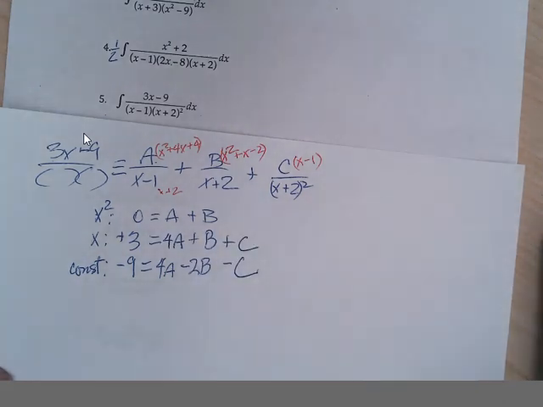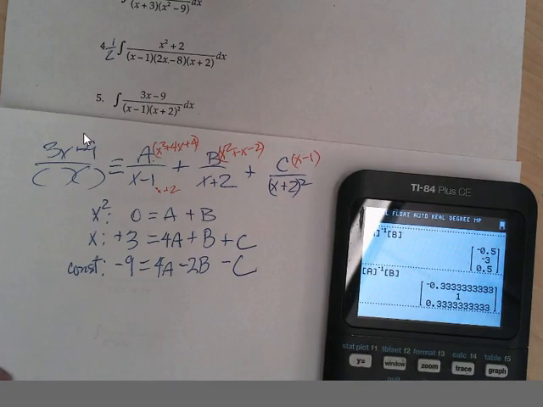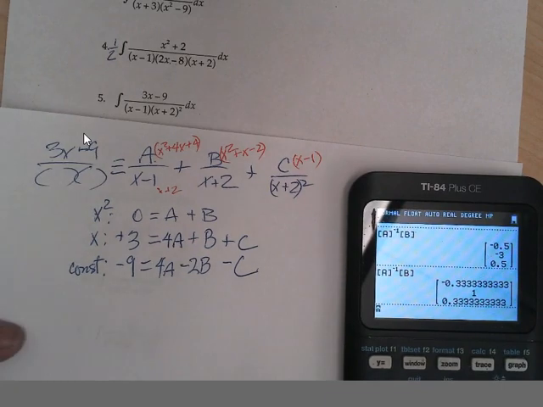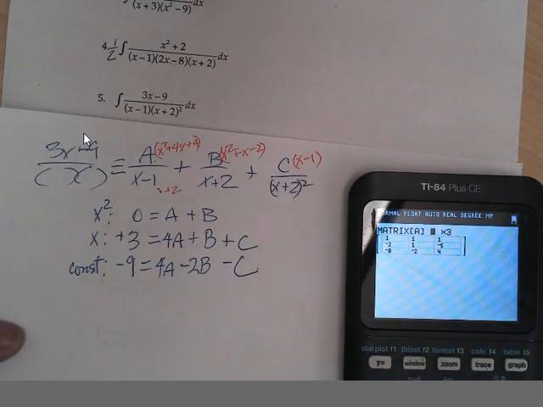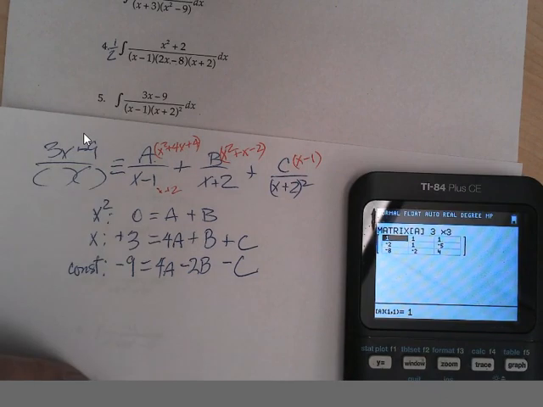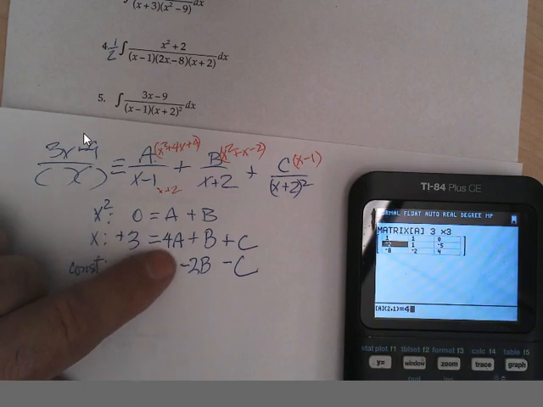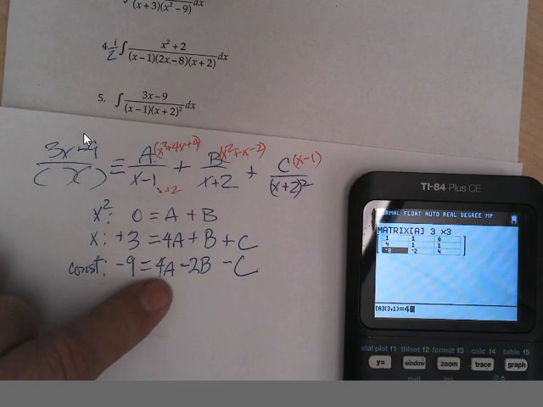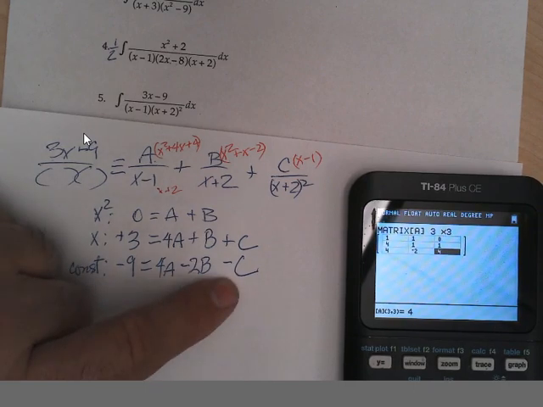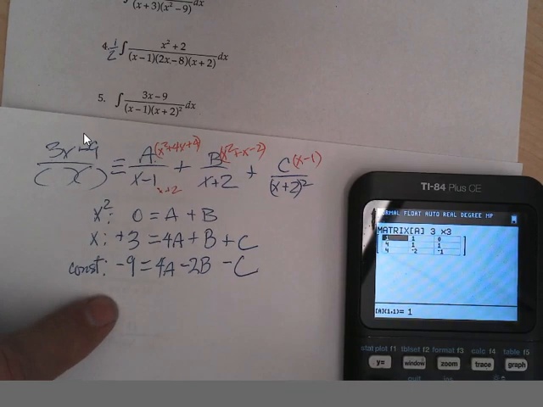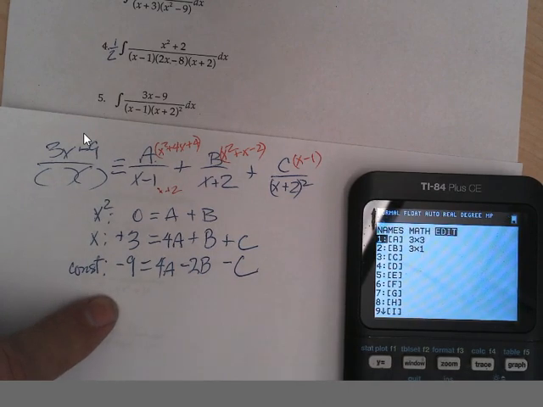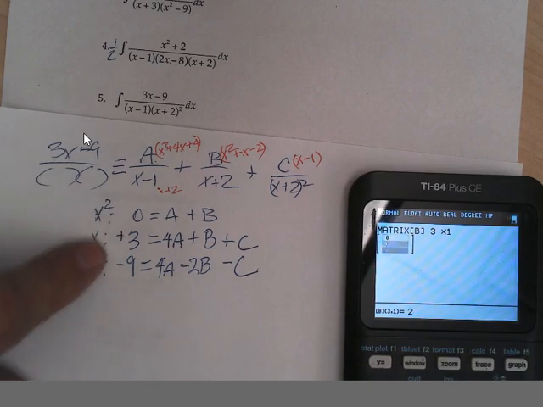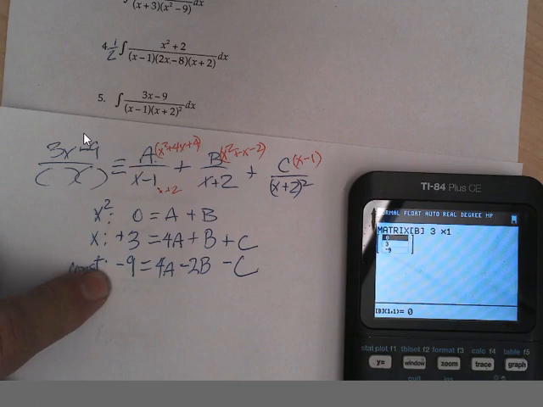But since I got matrices right here, I'll go to second matrix, edit, A, enter: 1 1 0, 1 1 1, 4 1 1, 4 negative 2 negative 1, and second matrix, edit, B, enter: 0 3 negative 9, second quit.